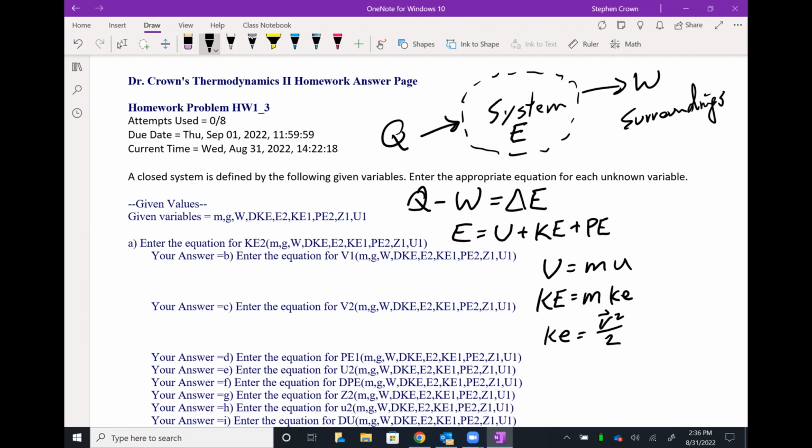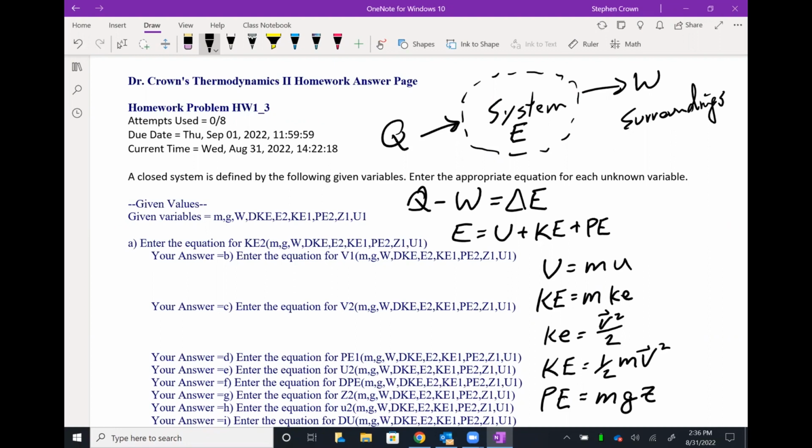Or we can say that KE, capital KE, equals 1/2 mv squared. And the same thing, we have potential energy is mgz, where z is some elevation.